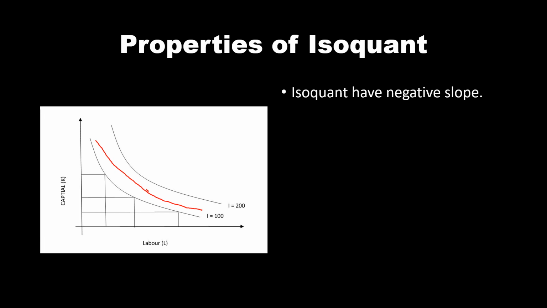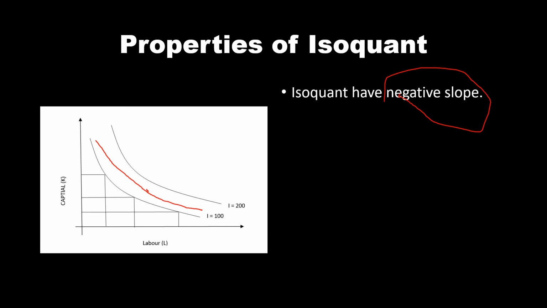That is, the lower the quantity of capital, the higher the quantity of labor. That is what negatively sloped means. It has to be negatively sloped, as you can see on the graph here.